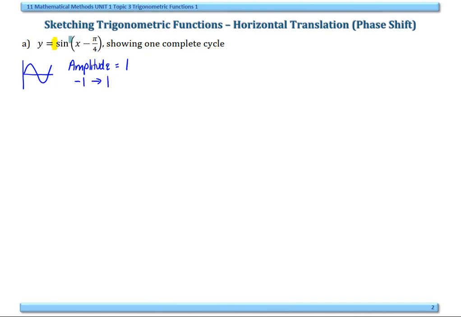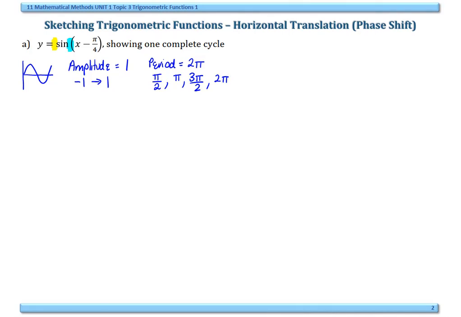Moving along, there is nothing happening in front of the x, so our period remains as per the standard, which is 2 pi. And our axis is going to be the standard pi on 2, pi, 3 pi on 2, and 2 pi.